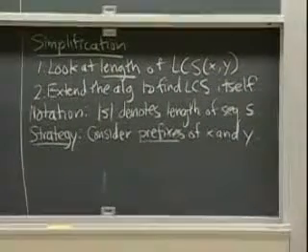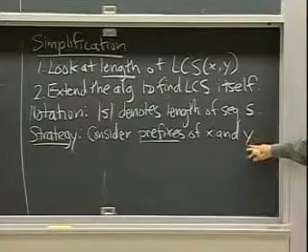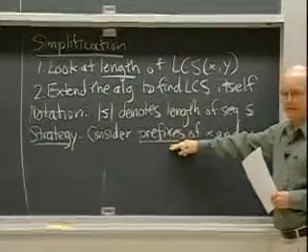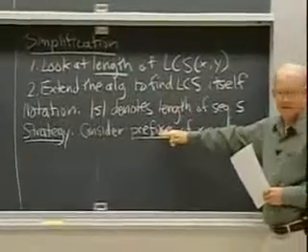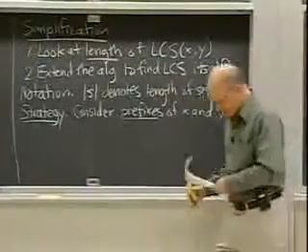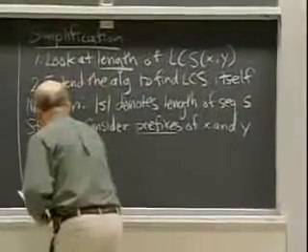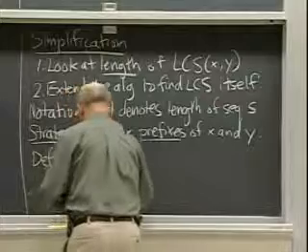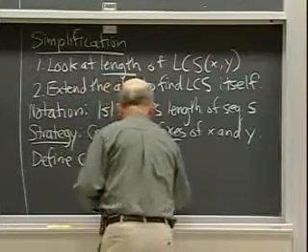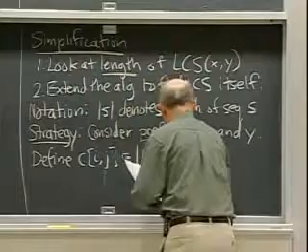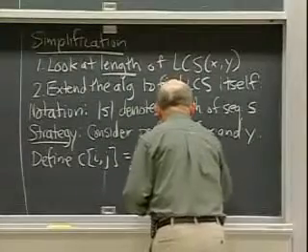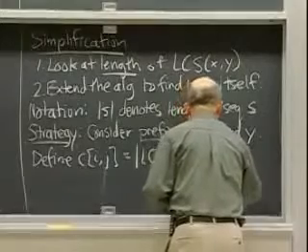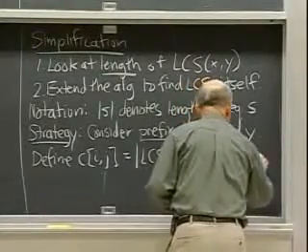Okay, we're just going to look at prefixes, and we're going to show how we can express the length of a longest common subsequence of prefixes in terms of each other. In particular, we're going to define C of ij to be the length of a longest common subsequence of the prefix of x going from 1 to i and y going from 1 to j.